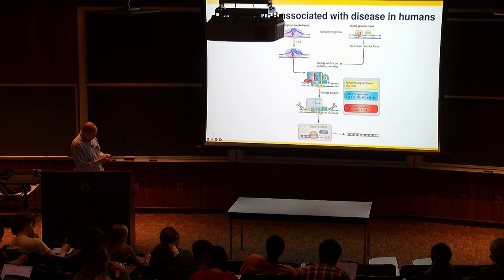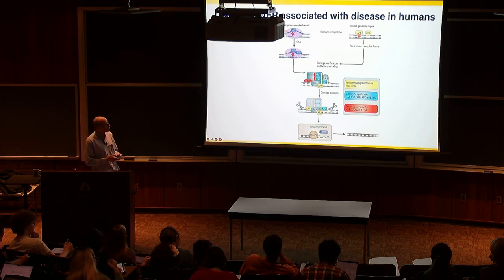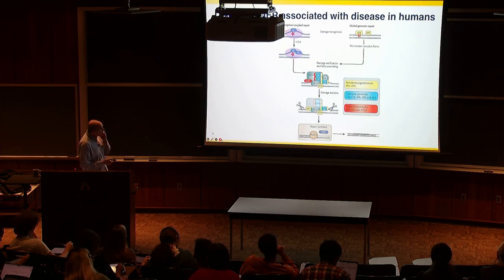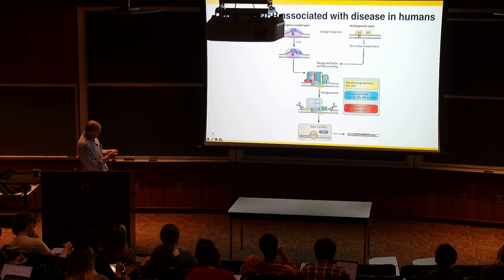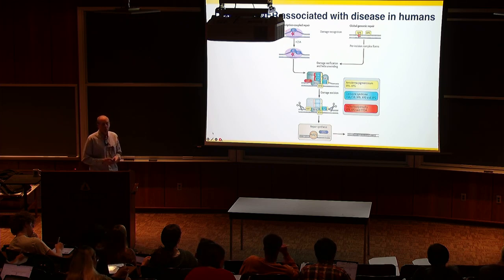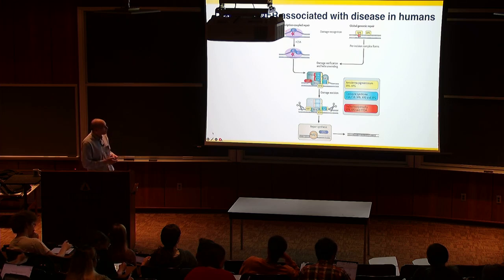We have essentially the same system. In general, we have more proteins doing the same thing that fewer proteins do in E. coli. It turns out that there are people with mutations in the proteins that do this sort of nucleotide excision repair, NER. They have various disorders, all of which are unified by a very high frequency of skin cancer, because there are lots of UV-induced mutations which are not being appropriately repaired.